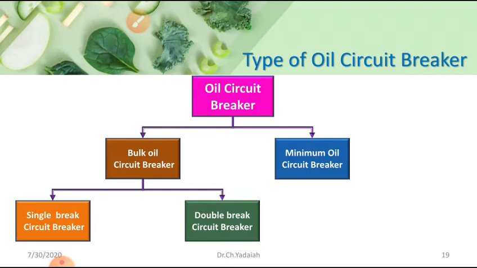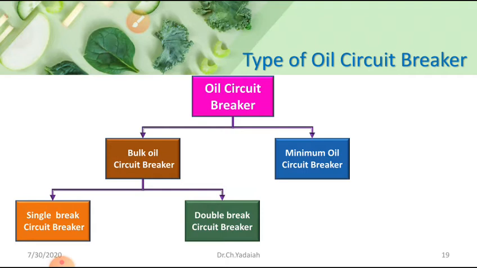In single break isolators, the arc comes only wherever the break takes place. In double break isolators, the center is rotating and the break takes place on two sides. Similarly, single break and double break circuit breakers are generally used. We can see that later. Now you can see the size of a bulk oil circuit breaker.